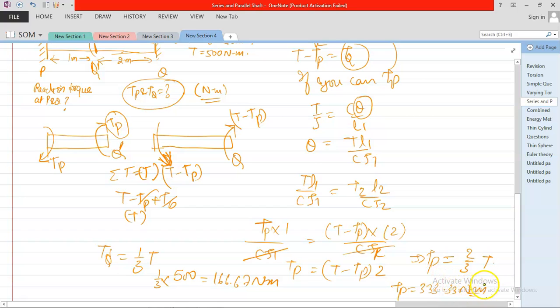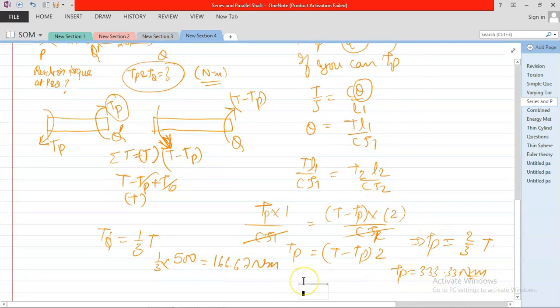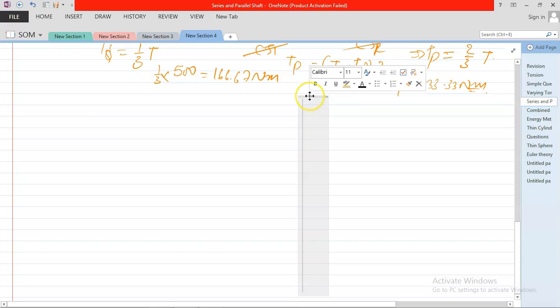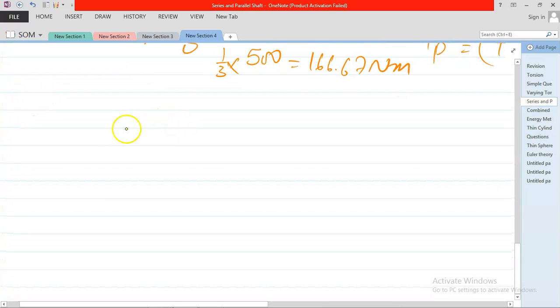Now T1 is TP, so TP into L1, which is given as 1, by GJ1 is equal to T2, which is T minus TP, into L2, which is given as 2, by GJ2. J2 and J1 are the same because both rods are the same. You can write TP is equal to (T minus TP) into 2. So you get TP is equal to 2 by 3 T.